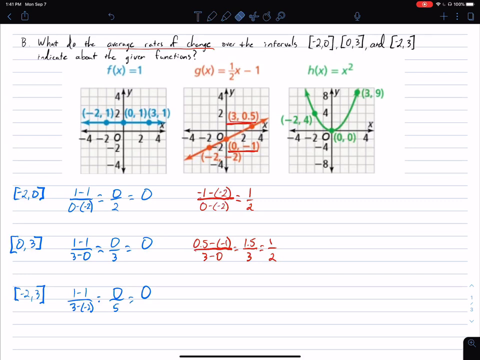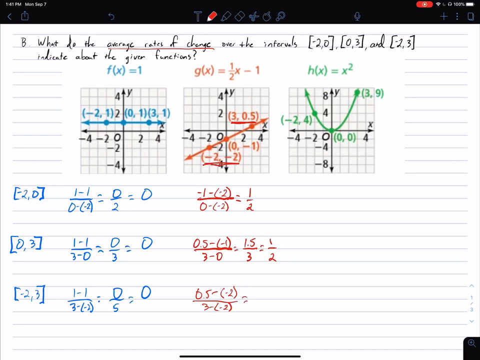And then our final one, we want to go from negative 2 to 3. So here to here. Again, this does get a little tedious, but in each problem you're not going to have to do this 3 times for 3 different graphs. So y minus y, 0.5 minus negative 2 over 3 minus negative 2.